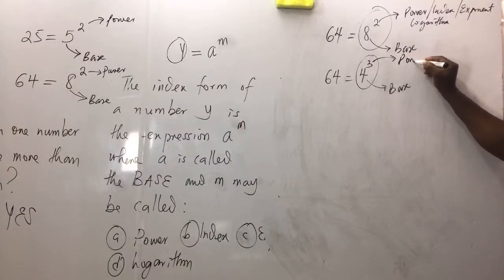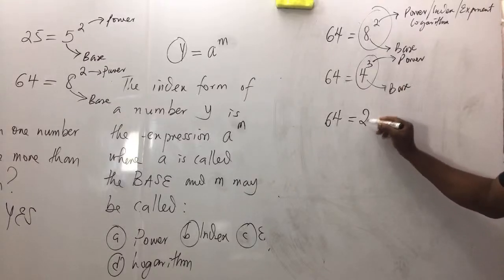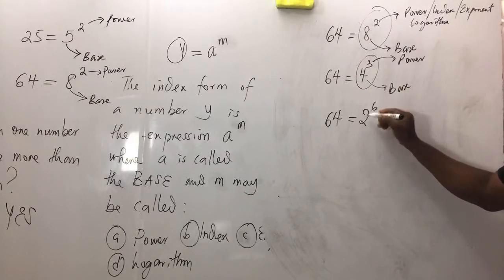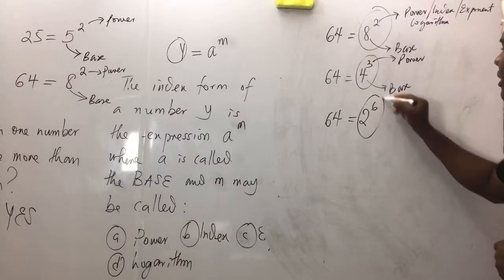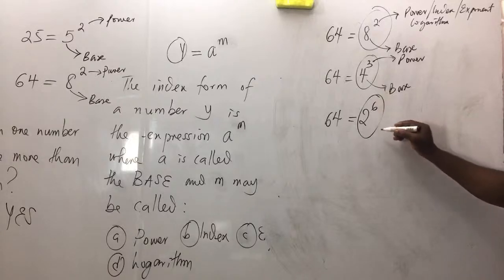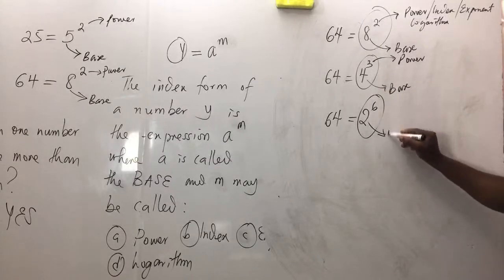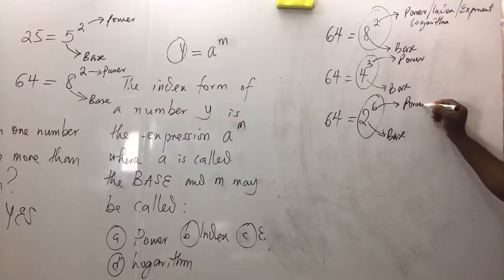It is 3. Take note again, the same 64 can be expressed as 2 raised to the power 6. Now, 2 raised to the power 6 is another index form of 64. And that implies that in this instance, the base is 2 and the power is 6.